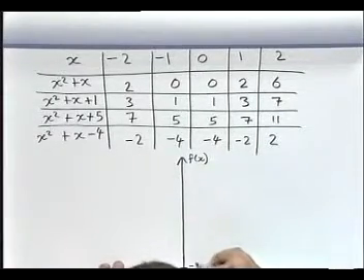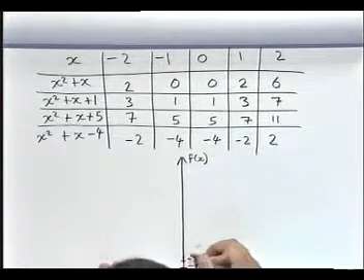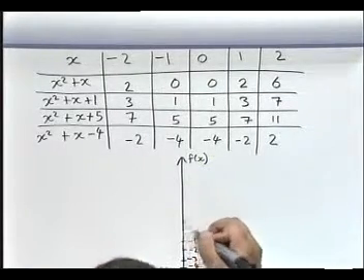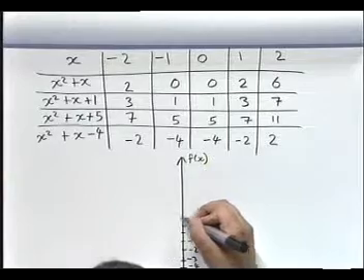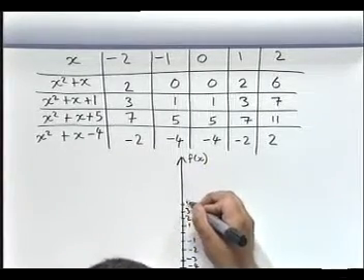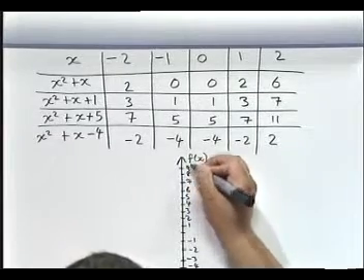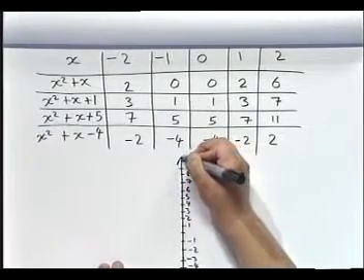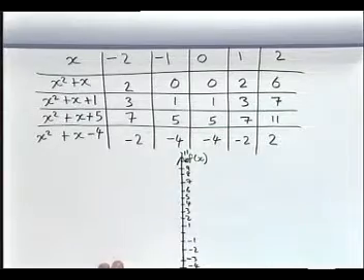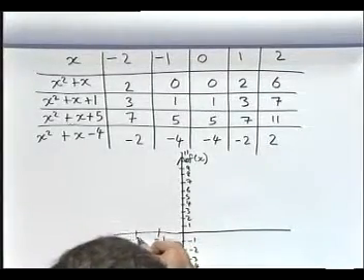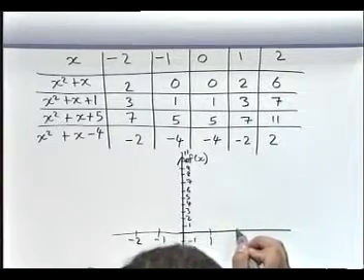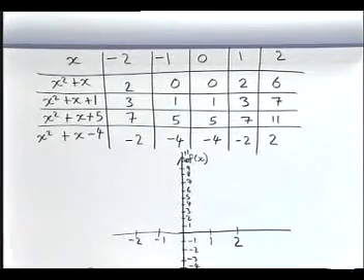So we start at minus 4, minus 3, minus 2, minus 1, 0, 1, 2, 3, 4, 5, 6, 7, 8, 9, 10, and we can just about squeeze our 11 in. And along our horizontal axis, we're going from minus 2 to plus 2. So minus 1, minus 2, plus 1, and plus 2.